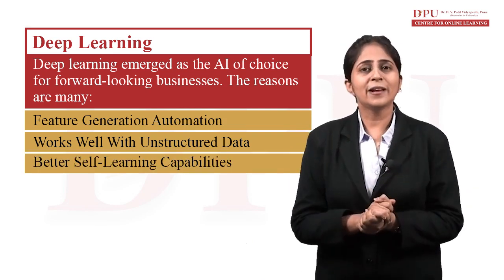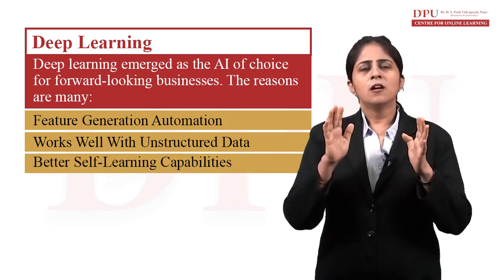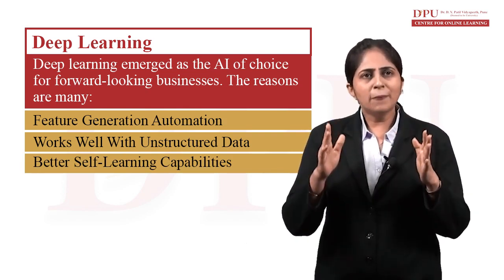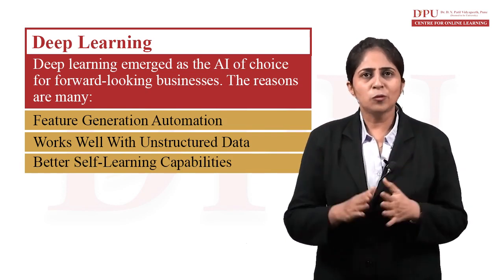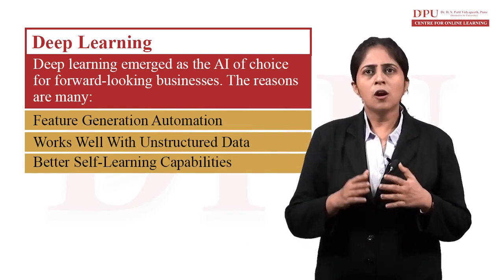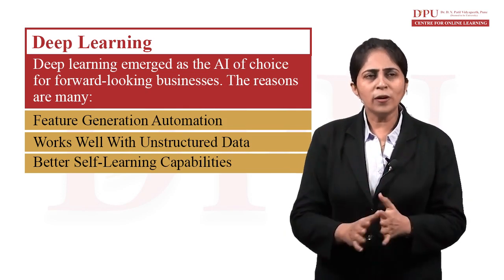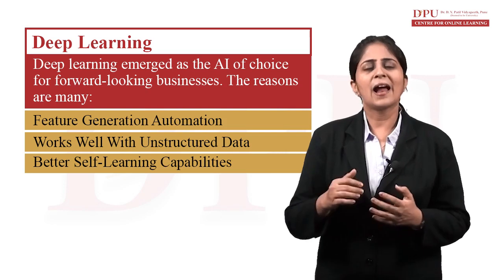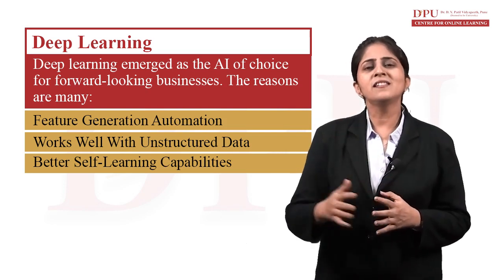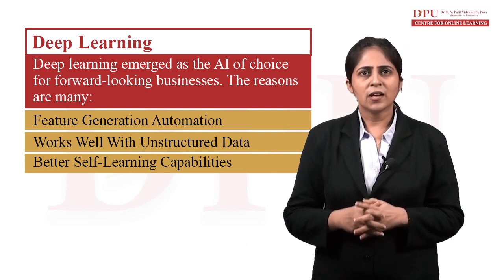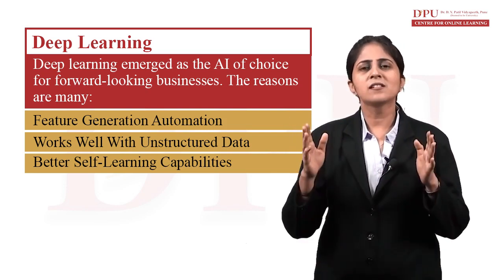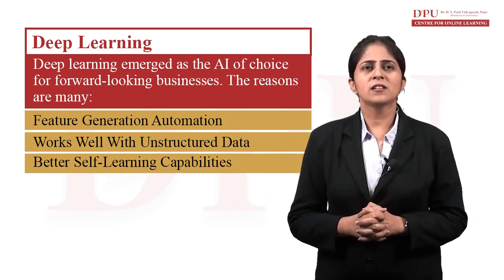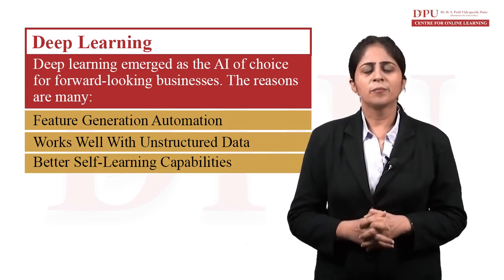Talking about the third advantage of deep learning: better self-learning capabilities. The multiple layers in the deep neural network allow models to become more efficient at learning complex features and performing more intensive computational tasks. They execute many complex operations simultaneously.